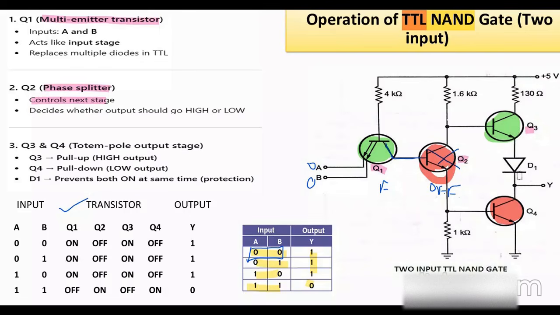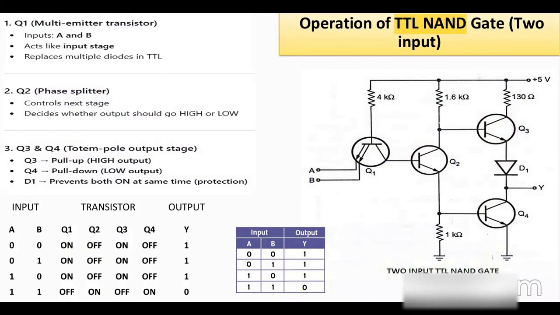This Q3 is on through the diode, and Y is high, that is 1. Y is equal to 1. Got it? यहाँ पे देखो, Q1 on है, Q2 off है, Q4 off है, and Y is equal to 1 आ गया. So we have done this for 0 0.